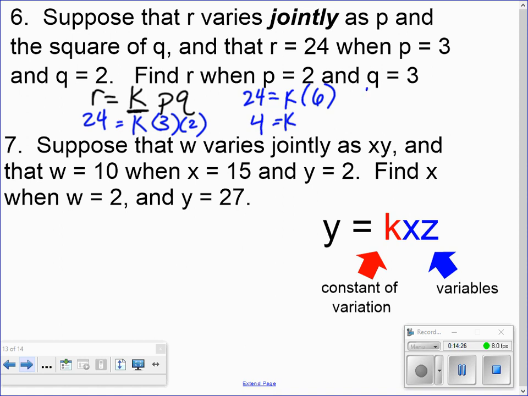So this particular equation would be R equals 4, now that we know what K is, times P times Q. And then we could figure out what R is when P is 2 and Q is 3. So if P is 2 and Q is 3, R would be the product of those 3 things, so that would be 24. So R would be 24. So same thing as what we had over here.